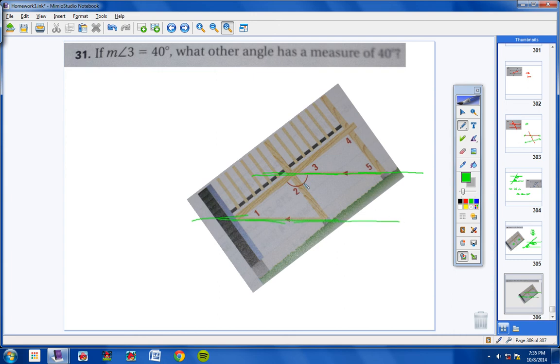Now we're dealing with angle 3, which is right here. And they tell us the measure of angle 3 is 40 degrees. Well, let's number our angles. This is angle number 1, angle number 2, and that's good enough for this problem.